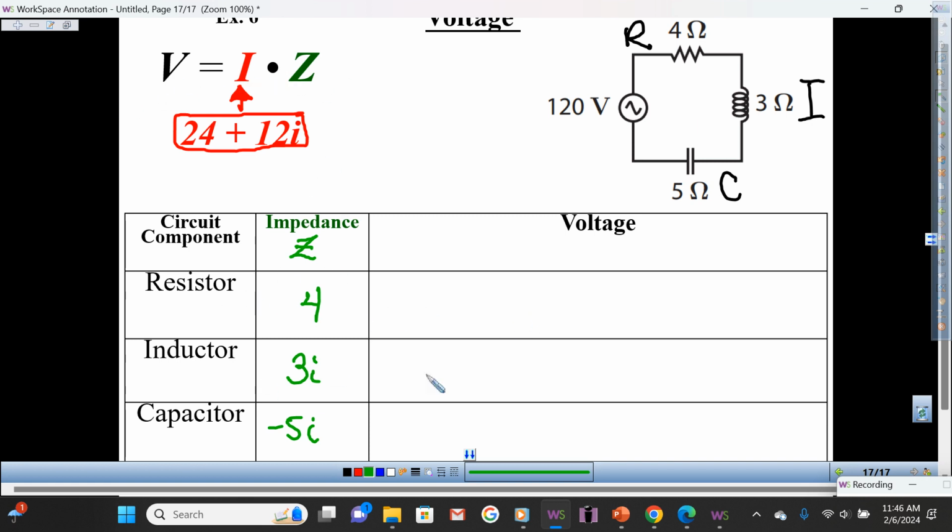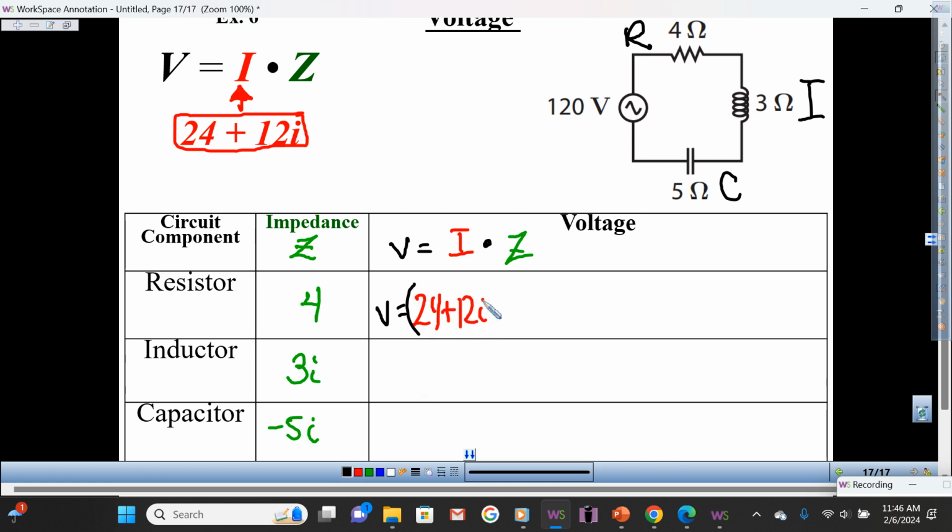Okay, so now that we have our values from our circuit, we can use this formula for each of these in order to find the voltage. I'm going to write the formula right here. V equals I times the impedance. To find the voltage for the resistor, the amps are 24 plus 12I.